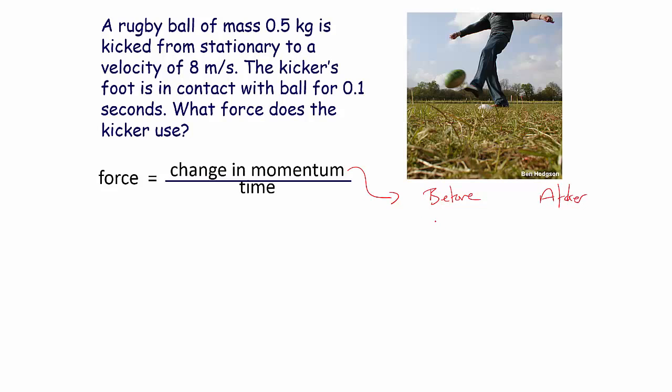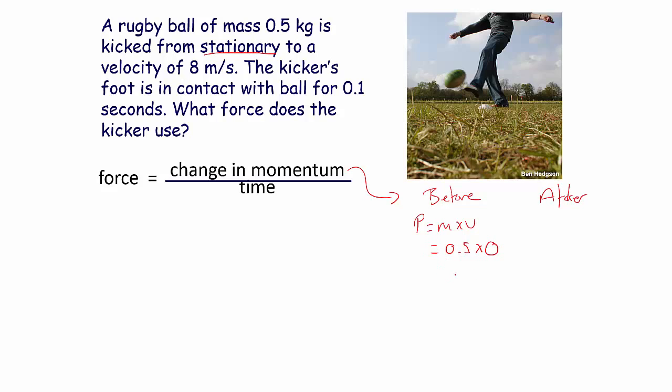So we know that momentum, and the symbol for momentum is a p, equals the mass times by the velocity. So the mass was equal to 0.5 kilograms, and the velocity, well, it was stationary. That means that its velocity was 0.